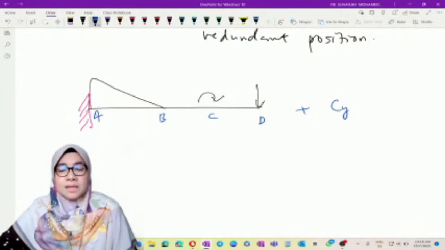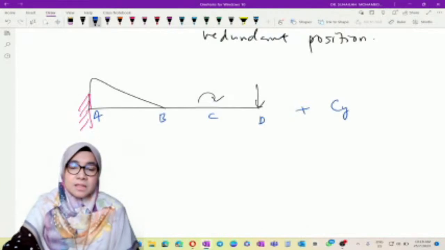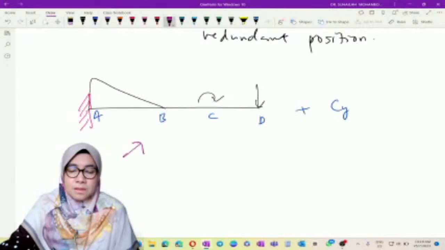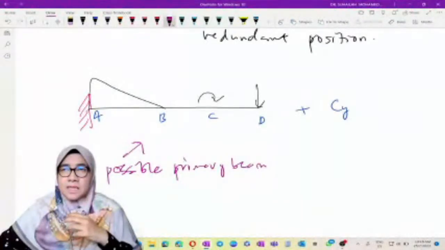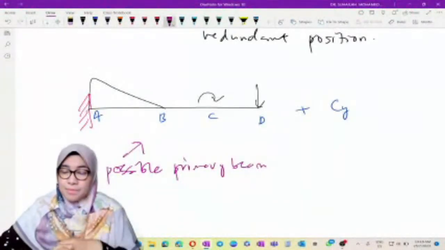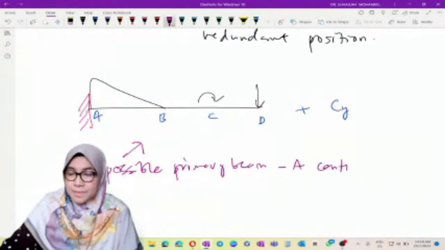So this is possibility number one: a possible primary beam, a cantilever beam.